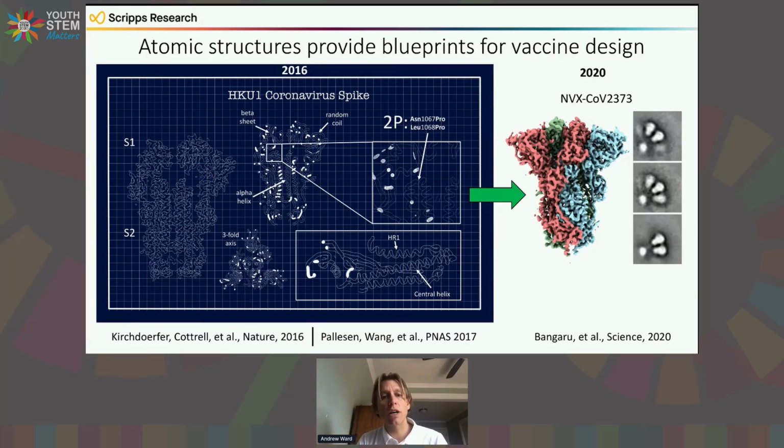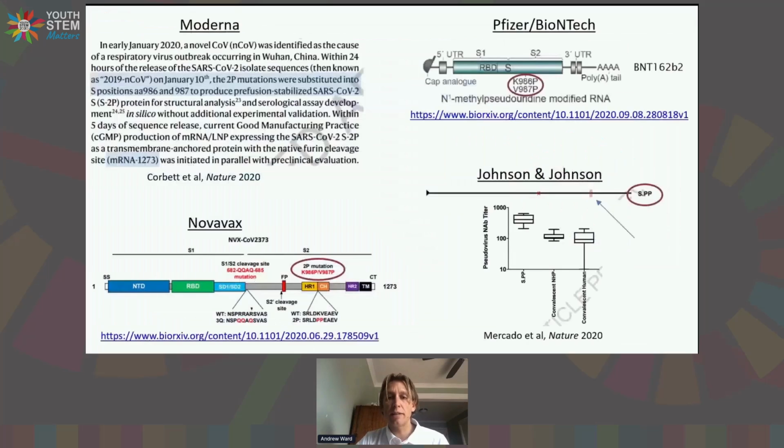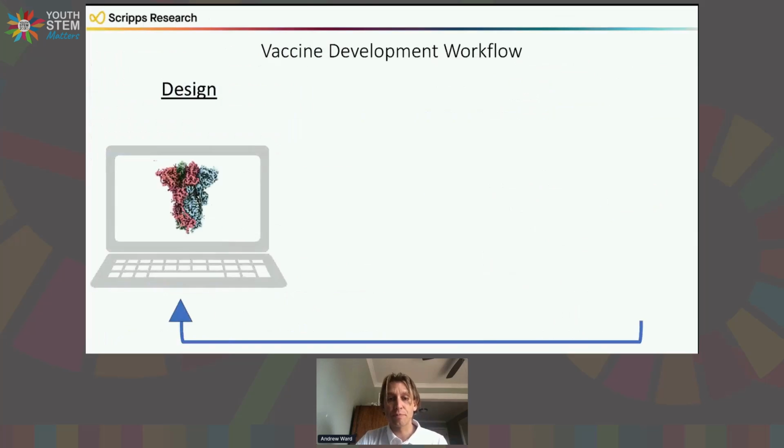So this is this nice arc of how basic research really informed vaccine design. And then these mutations have been incorporated into the vaccines for Moderna, Pfizer, BioNTech, Johnson & Johnson, Novavax, CureVac, and others. And it really shows you how robust these mutations are in terms of stabilizing the correct form of the antigen.